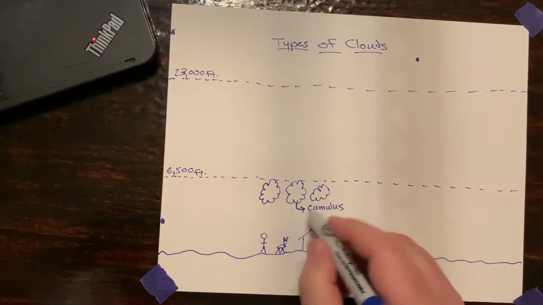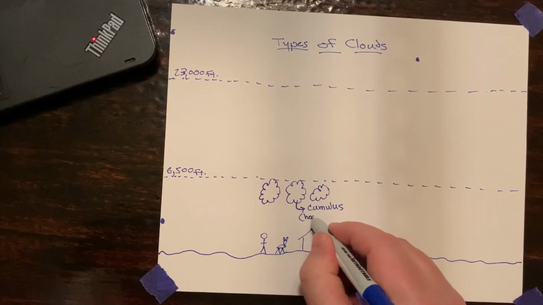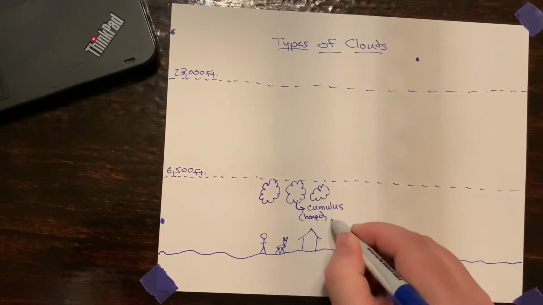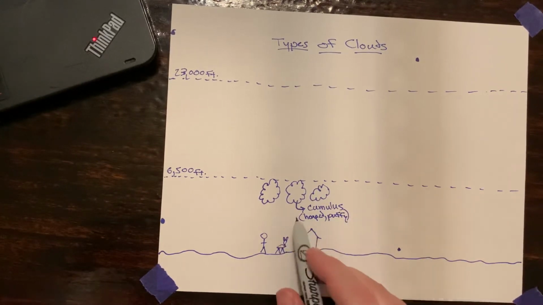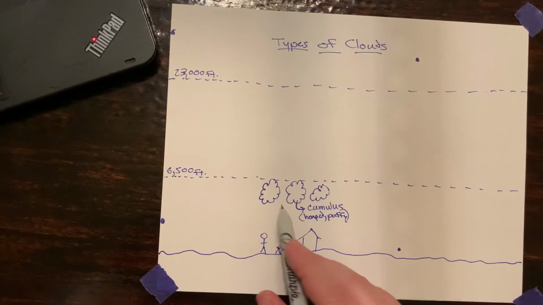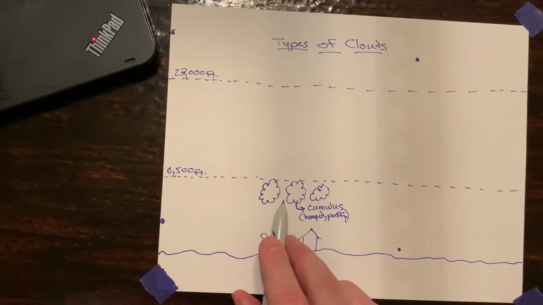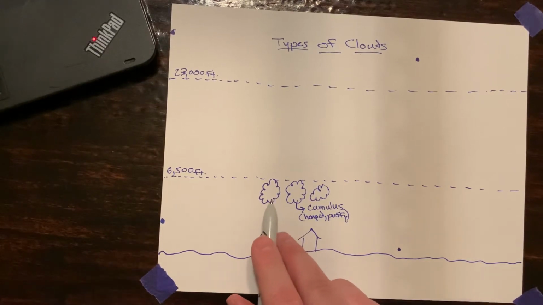Okay? And cumulus just basically means heaped or puffy, like a bunch of cotton balls, okay? Sometimes you can actually see them where they're so low in the sky, it's almost like they look like living organisms.